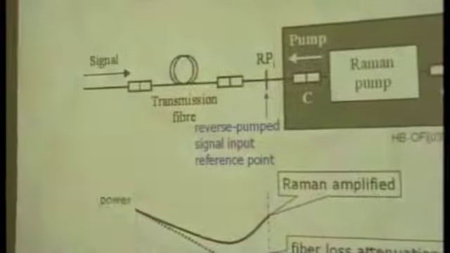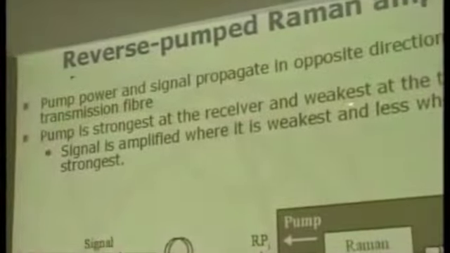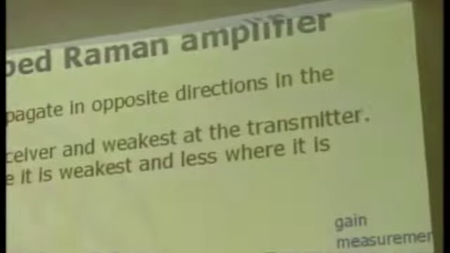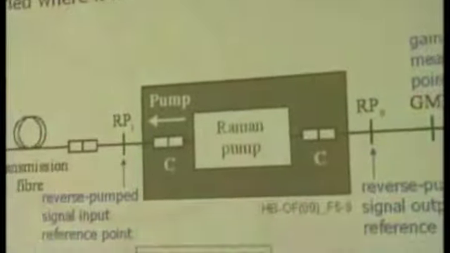Normally, the power of the optical signal will decrease along a straight line due to fiber loss, attenuation. But when you inject the Raman laser here, the signal will be amplified and increase in power in such a way. So the pump is strongest at the receiver and weakest at the transmitter. This means the signal is amplified in this weakest region.